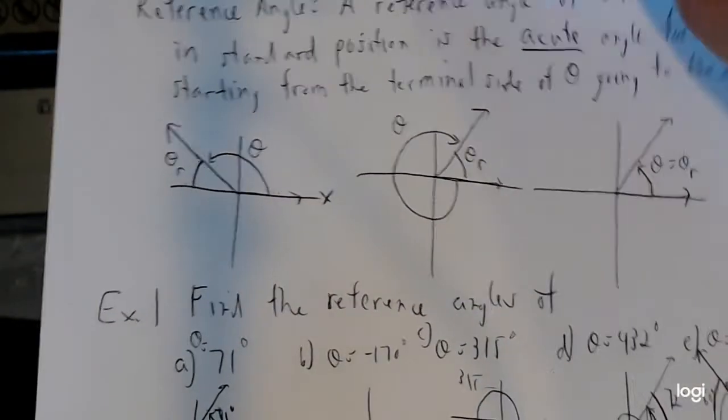Okay, so now let's talk about the steps of how we're going to find our exact value of trig functions. I gave you these steps earlier on in our notes, except now we're going to make an addition to it, because the steps I gave you earlier only accounted for acute angles.